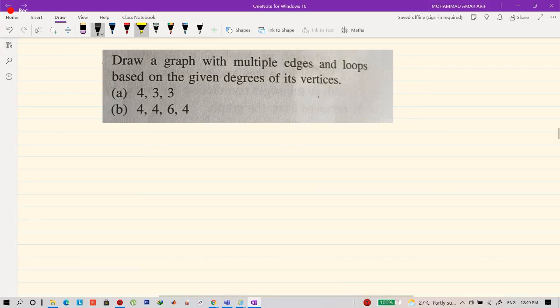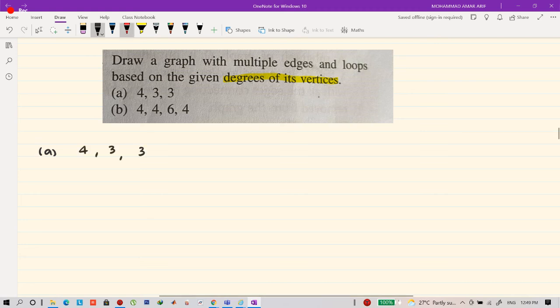Let's try a look another example yang menggunakan dia bagi degree of vertices untuk buat graph. So dia says here that draw a graph with multiple edges and loops based on given degree of vertices. So let's do question A. So dia bagi 4, 3, 3.